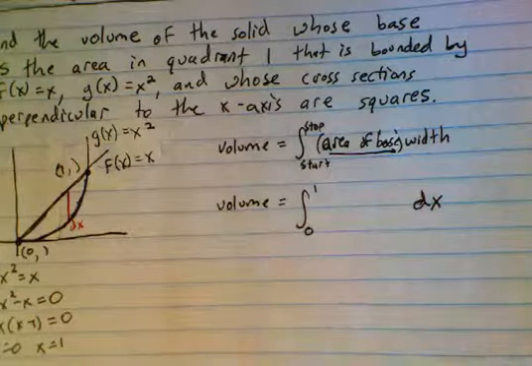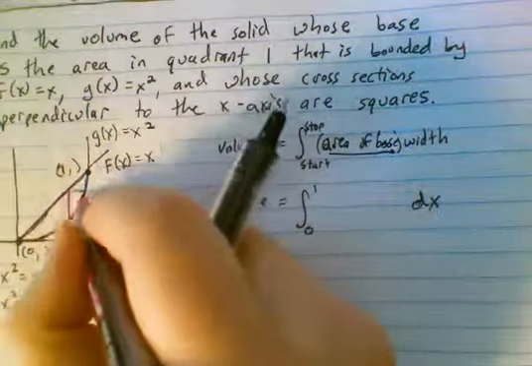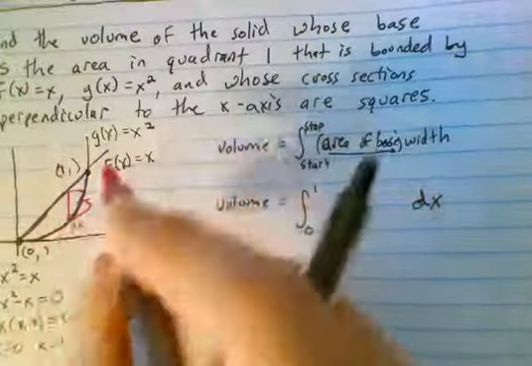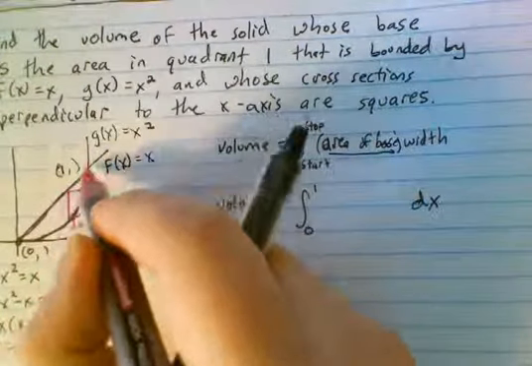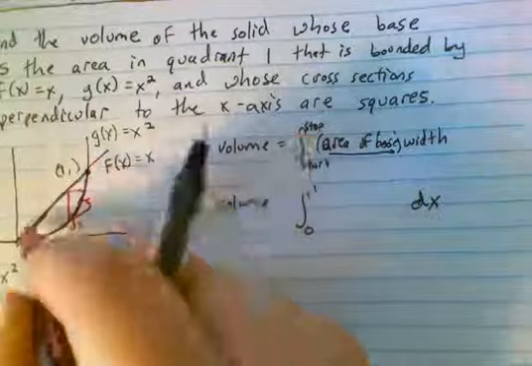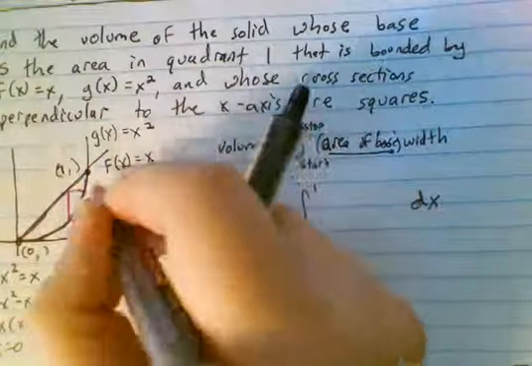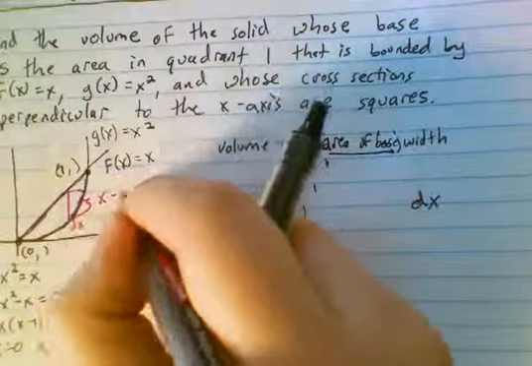We're still going to need what we found earlier in terms of this height. This is still top minus bottom, so f of x minus g of x, so x minus x squared.